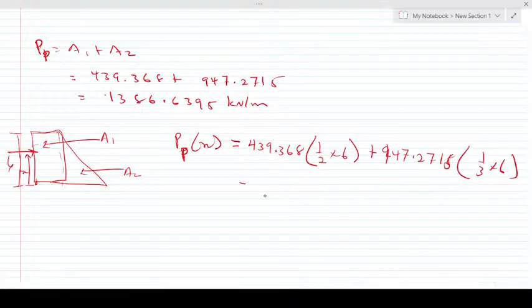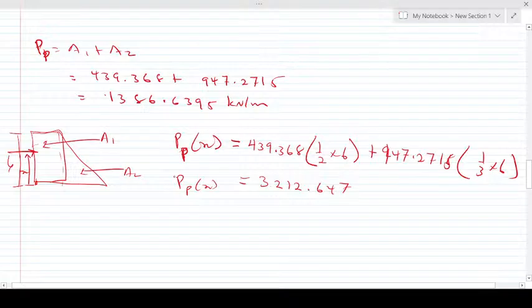Then over here we have 3212.647 equals PP of x. You know what PP is as well. PP is 1386.6395. So simplifying for x, you're getting 2.32 meters by simply dividing both sides by 1386.6395.